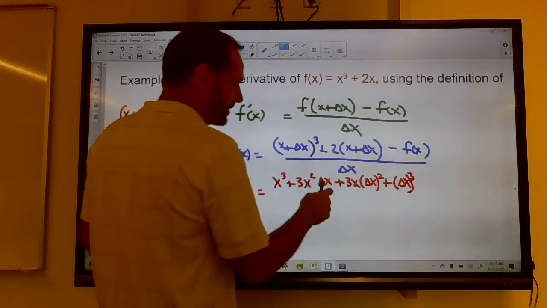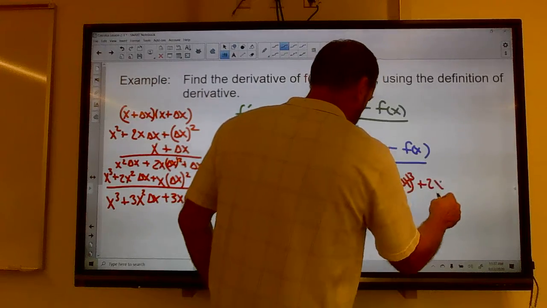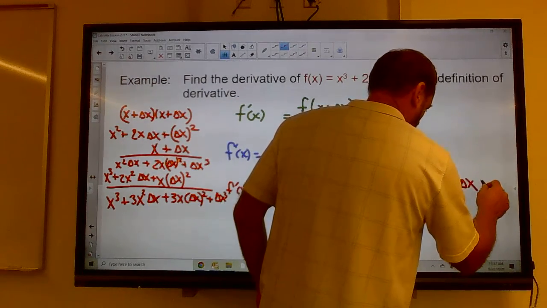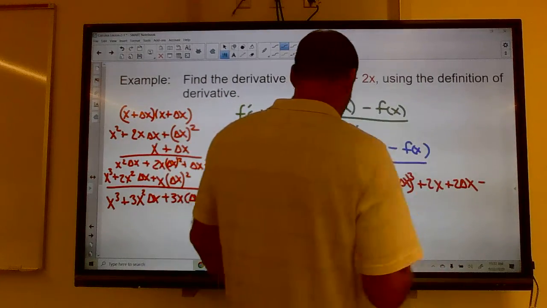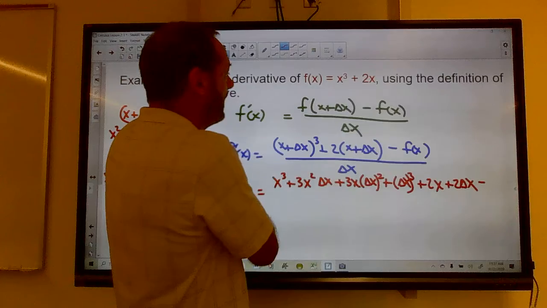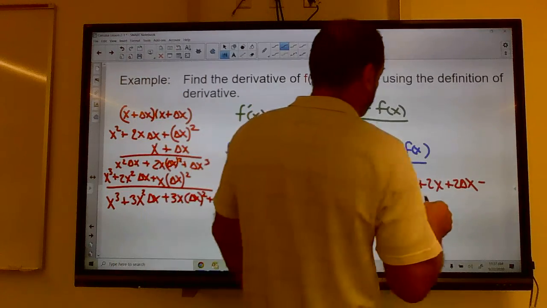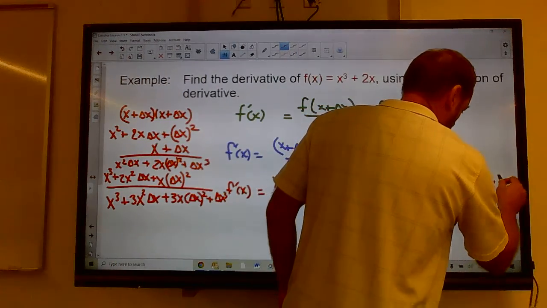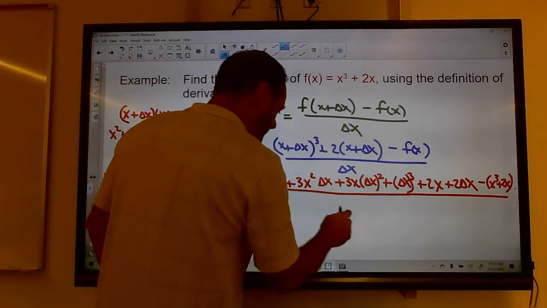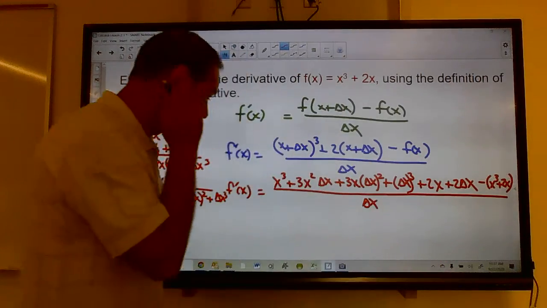Plus, and we'll distribute this, so plus 2x plus 2 delta x, minus f of x, which is going to be x cubed plus 2x. All that's going to be over delta x.